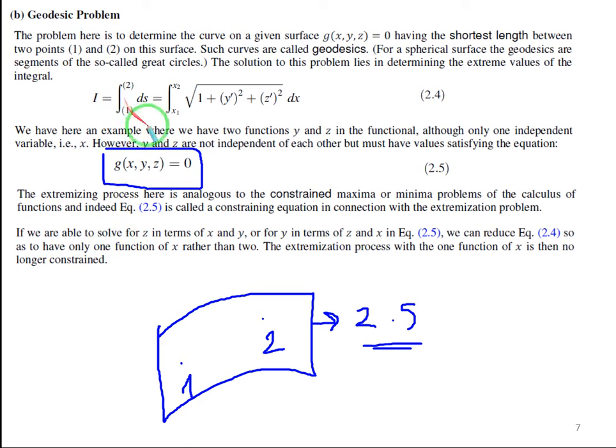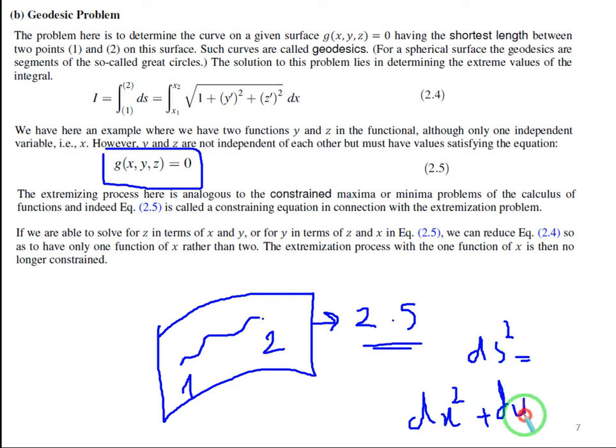We know that ds, the length of a small element, satisfies ds squared equals dx squared plus dy squared plus dz squared.